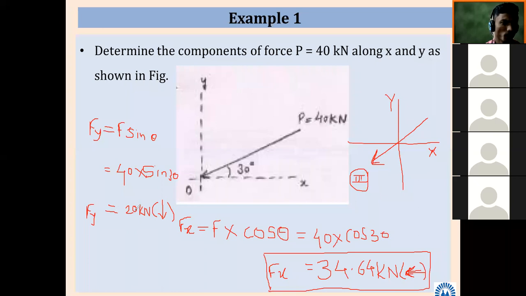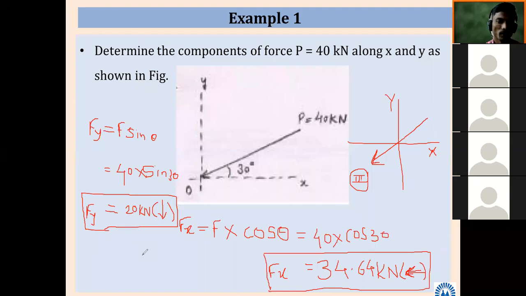Instead of 20 kilonewton you can write minus 20 kilonewton. Either you show the downward arrow, or you show the minus sign. Likewise, your answer is Fy is equal to 20 kilonewton.